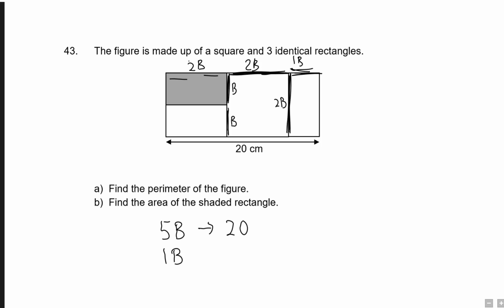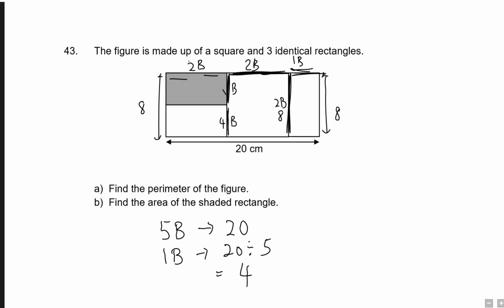So 1 breadth will be just 20 divided by 5, which gives you 4. So this is actually 4. This is actually 4. Okay, and 2 breadths means it's going to be just 8. Alright, so meaning this side here is also going to be 8. This side here is going to be 8 as well.